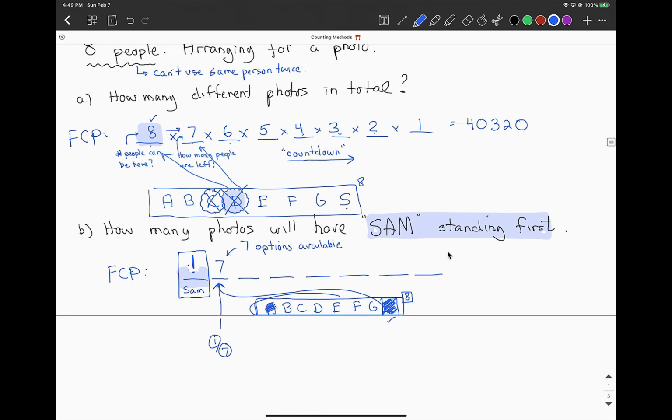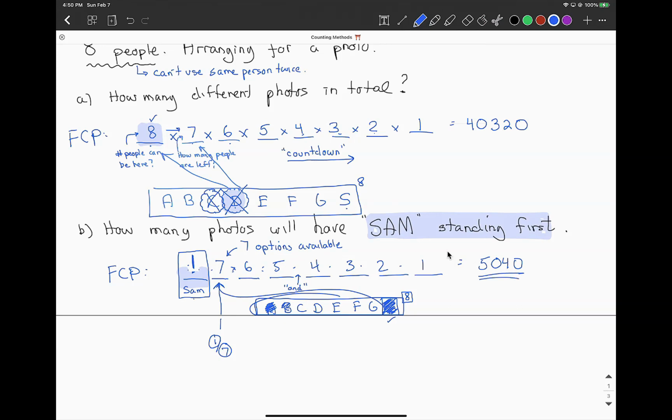Now, once somebody is picked, then we're down to 6, down to 5, down to 4 and 3 and 2, and then the last person. And in this scenario, this would multiply out. Remember, we're multiplying. We're picking Sam and then another person, and then. All of these connections logically mean and multiply.